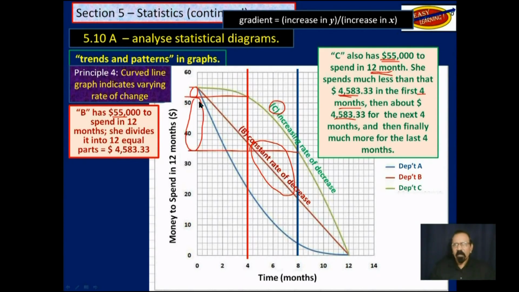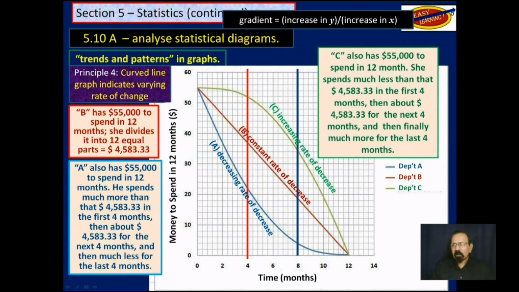And finally, much more for the last 4 months because now she has this amount of money to spend. So you could see this person starts out slowly, then increases a little more, and then the greatest increase here. So you have an increasing rate of decrease. Overall, the amount of money is still decreasing. But as time goes by, the amount of decrease is increasing.